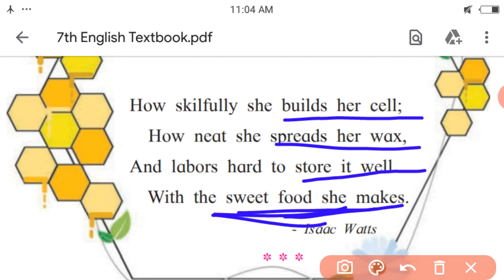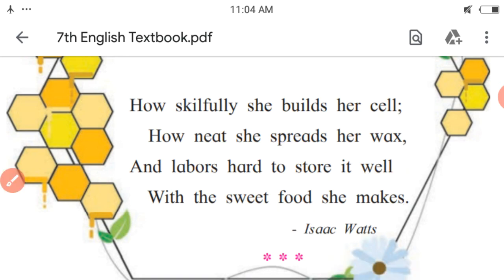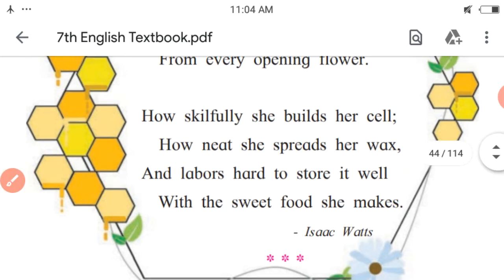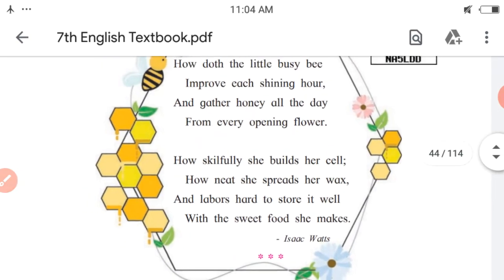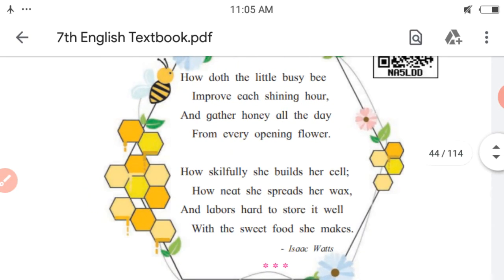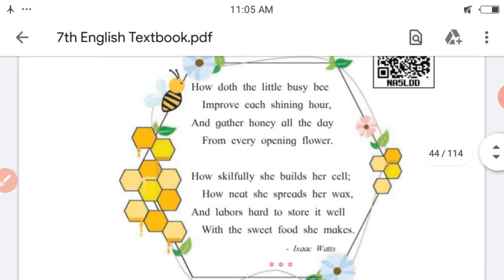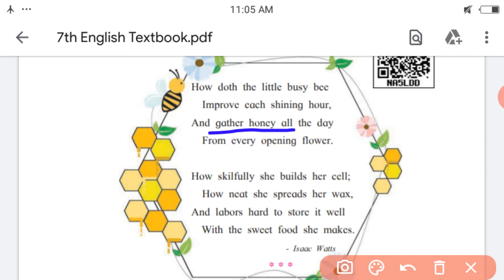What is that? Honey. So here in this poem, the poet has described the works of honeybees done throughout the day. So here I repeat: gather honey means gather sweet juice. Next, building cells, spreading wax, and storing sweet food in the comb.